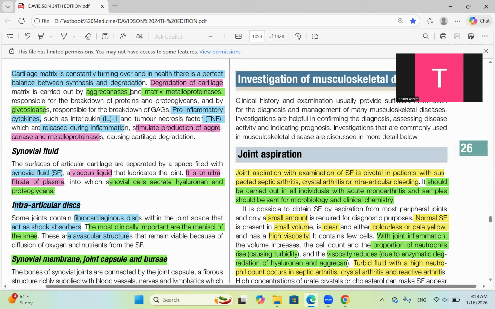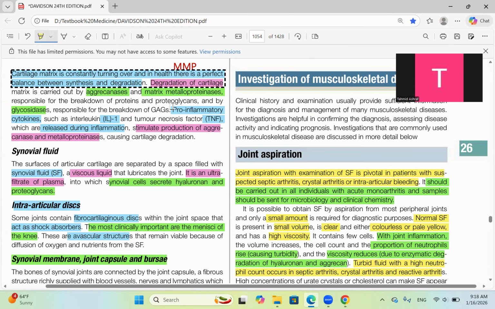So aggrecanases will destroy the aggrecans, and also metalloproteinases. So two enzymes are responsible for degradation of cartilage: aggrecanases and matrix metalloproteinases, abbreviated as MMP.